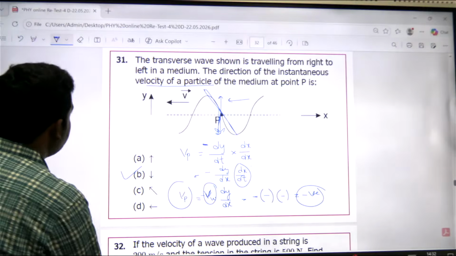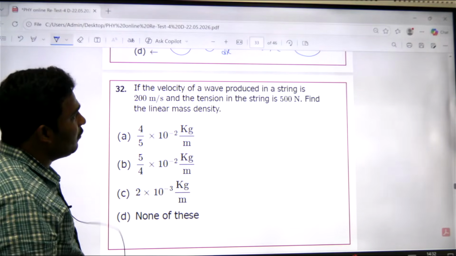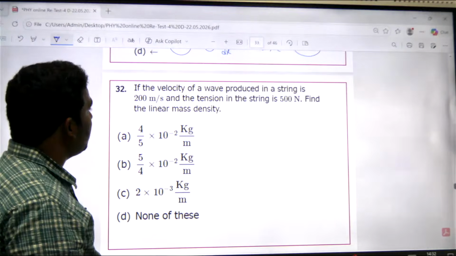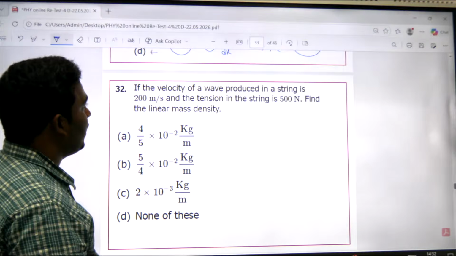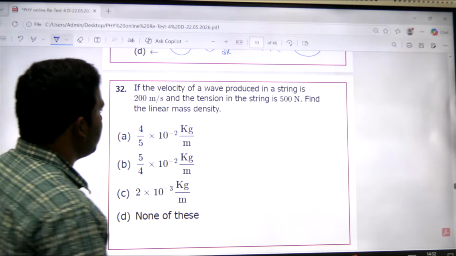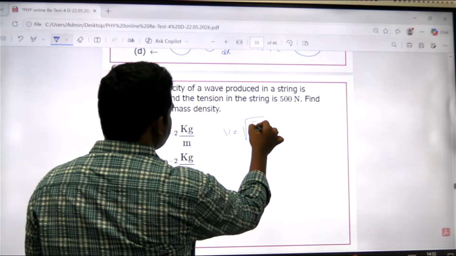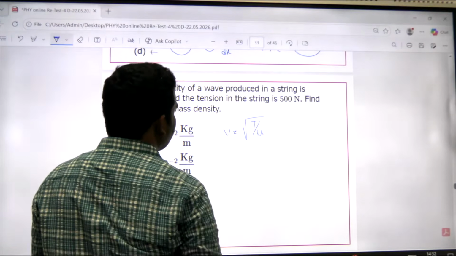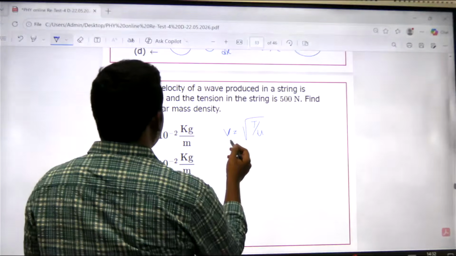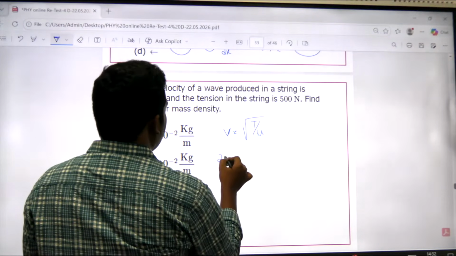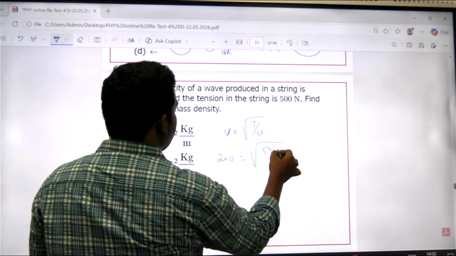Going for the next question, question number 32. If the velocity of the wave produced in the string is 200 meter per second and the tension in the string is 500 newtons, find the linear mass density. Velocity is equal to under root of T by mu. The velocity is 200 meter per second, and the tension is 500, divided by mu.